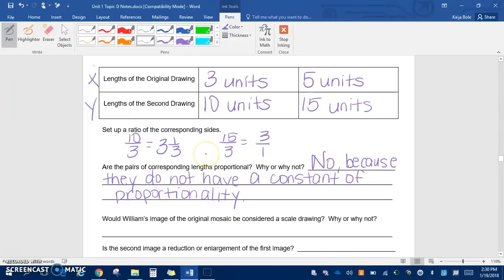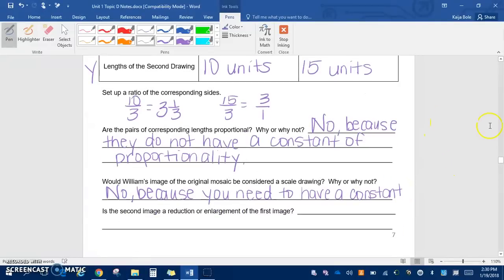And the next question said, would William's image of the original mosaic be considered a scale drawing? Why or why not? We would say no, because you need to have a constant. And then it says, is the second image a reduction or an enlargement of the first image?